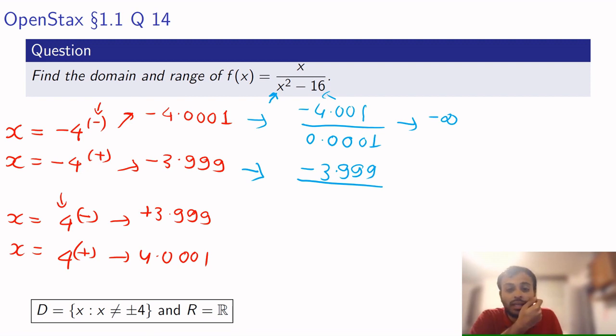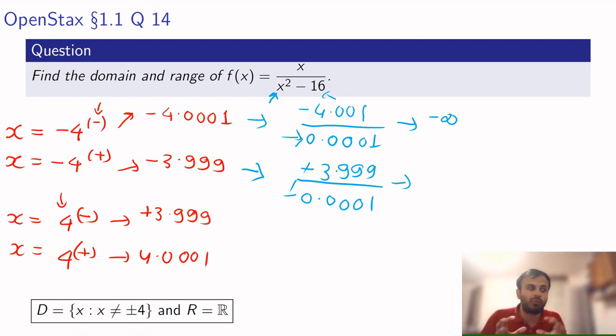It's still going towards 0, but there is a negative sign here, and you can just cancel these. Again, what you are doing is dividing a number by a very, very small value. Again, these are not accurate values. What I am trying to tell you is which value it's trying to approach.